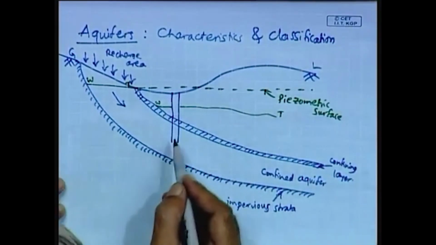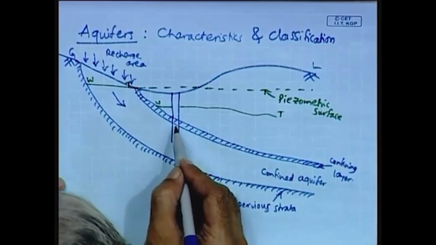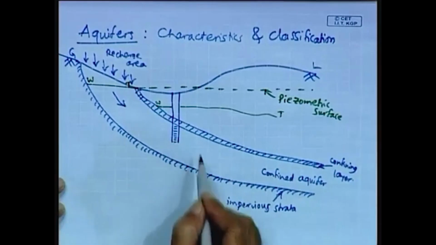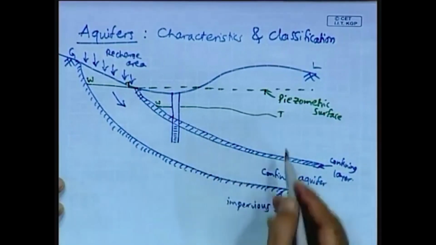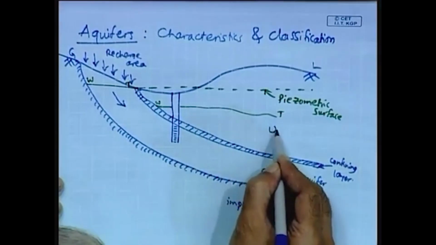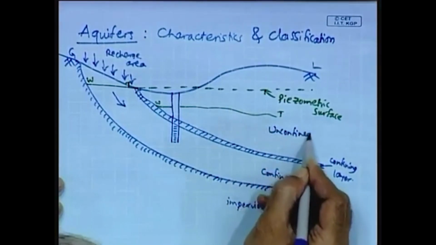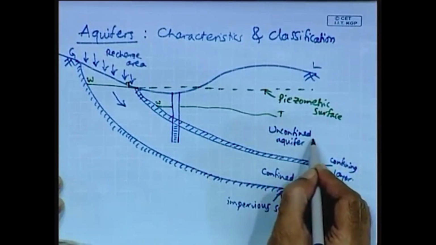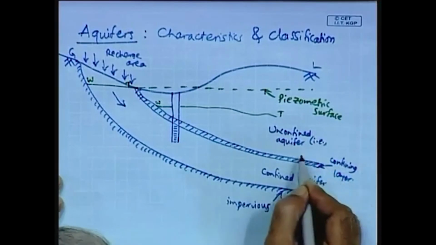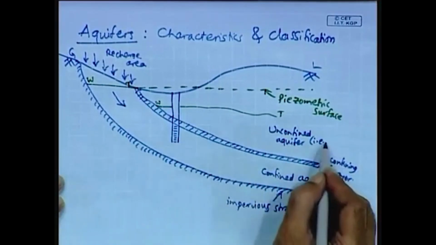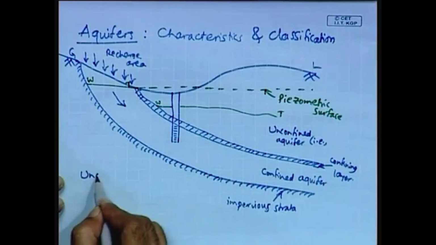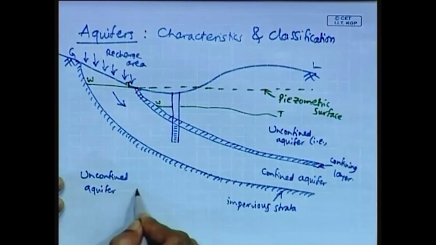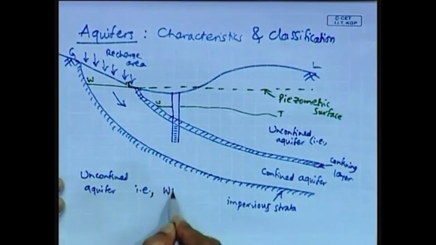So, this well is penetrating all the way through, and here this is the confined aquifer, and then here this is the unconfined aquifer, also known as the water table aquifer.